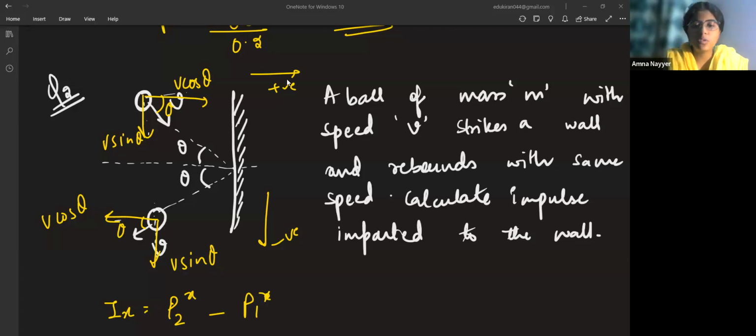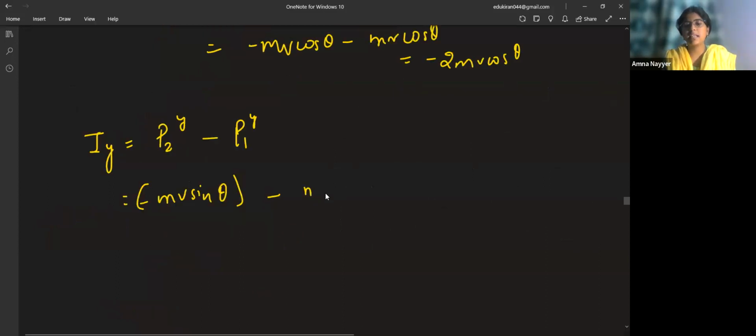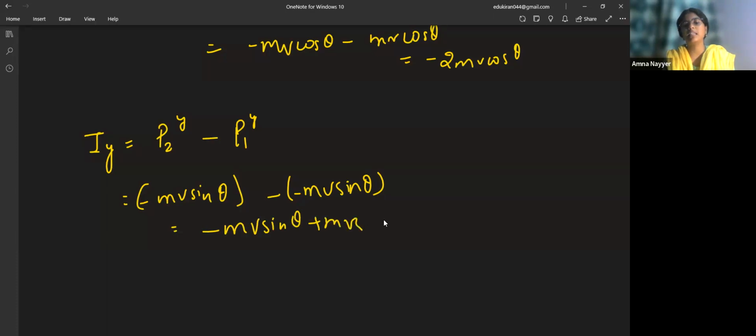Minus mv sin theta. Velocity is v sin theta acting along y-axis. Okay, Siddhika? So this becomes minus mv sin theta. So that becomes minus mv sin theta plus mv sin theta, which cancels, which means impulse along y-axis is 0.